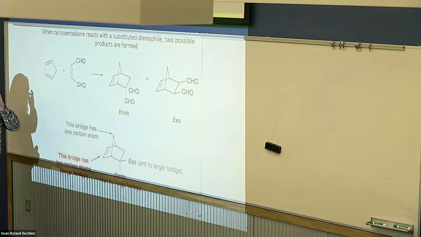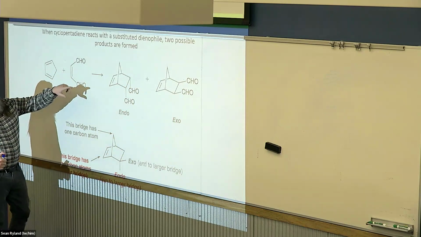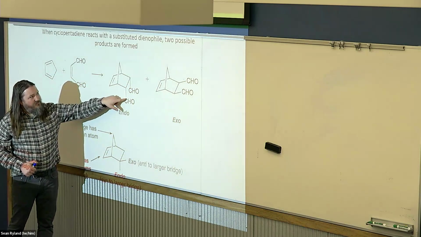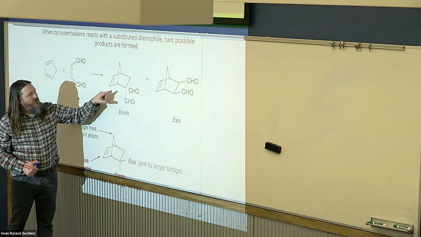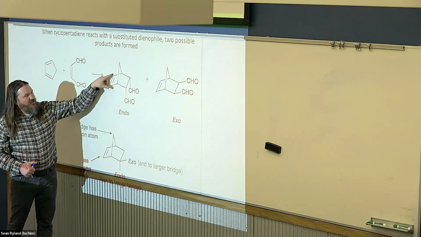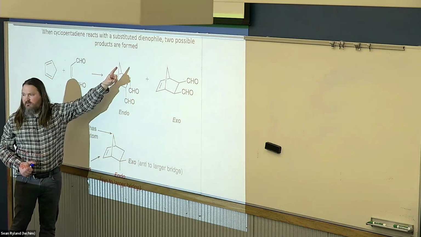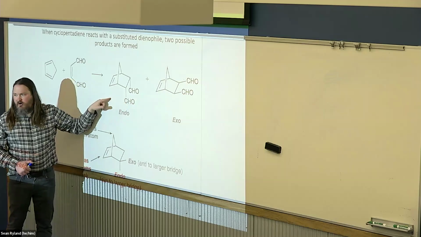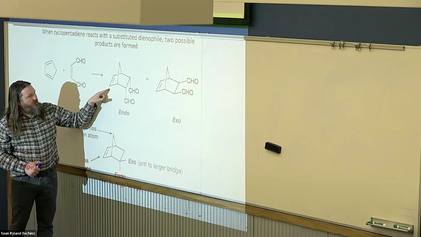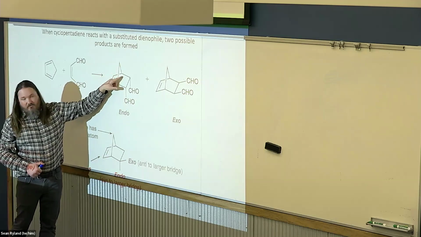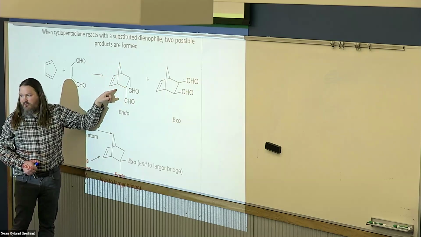We either wind up with them pointed, this is called endo, because these substituents are both pointed towards the larger bridge part. They're either going to be pointed towards the small part of the bridge or towards the large part of the bridge. I'd say the large bridge because there's two carbons across here versus one carbon bridging right here.